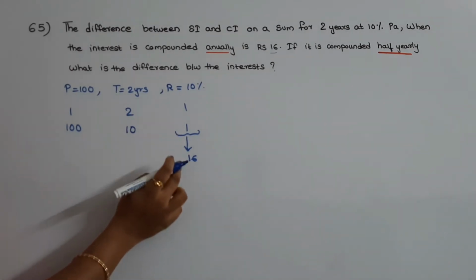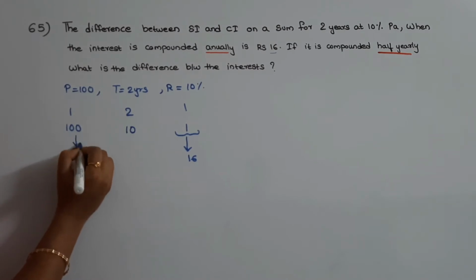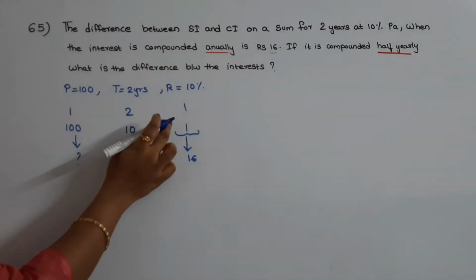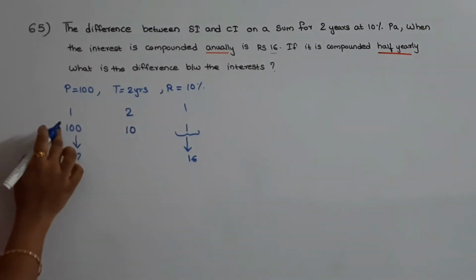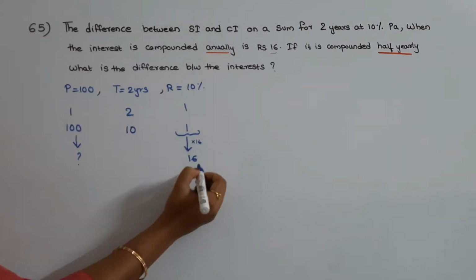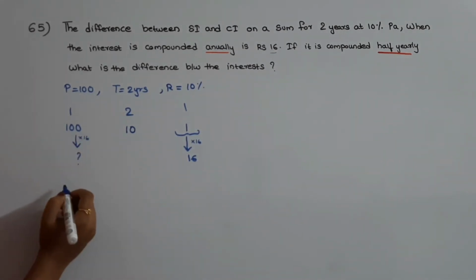If we can write this one as 16, how can we write this principal 100? We need to find the value of the principal first. So if 1 can be written as 16, how can we represent 100? This 1 into 16 is 16. So here also if you multiply by 16, you will get the value for the principal.